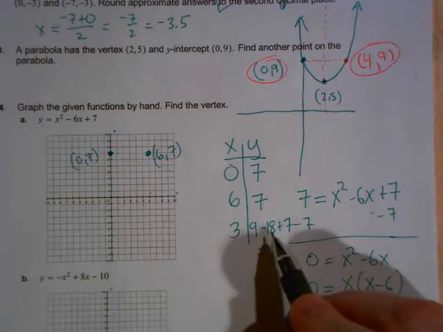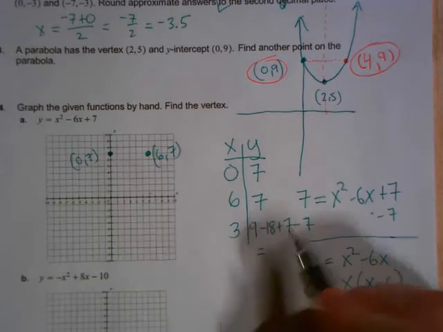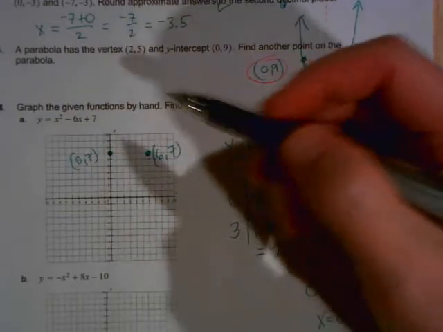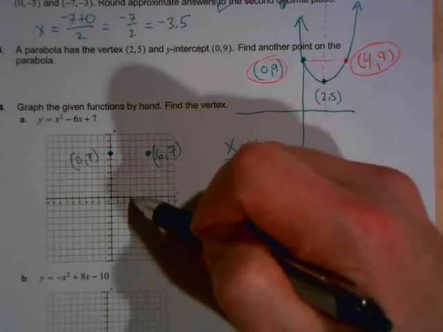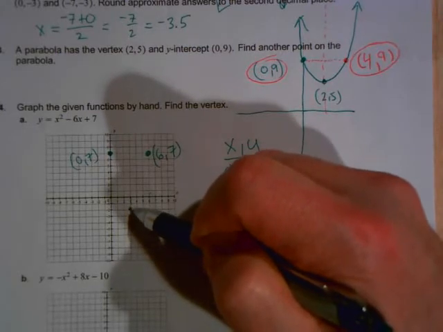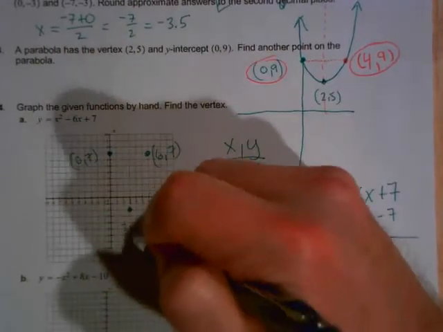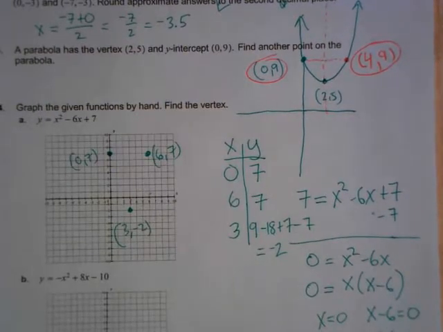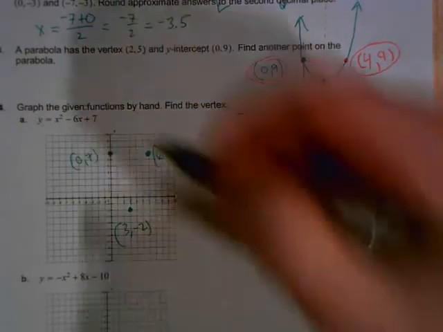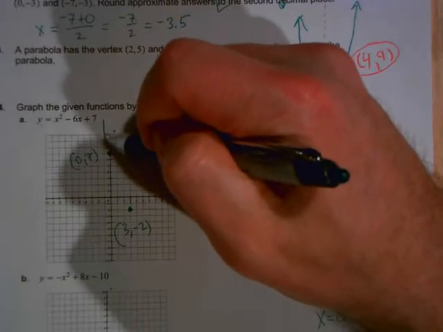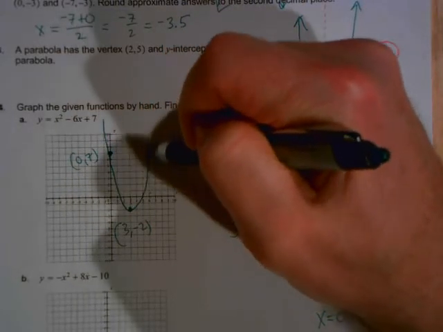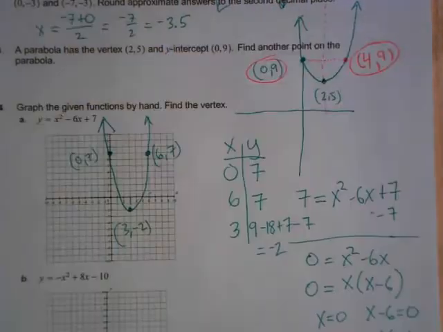Negative 9 plus 7 is negative 2. So my vertex is the point 3, negative 2. Okay. I play a game of connect the dots with a nice smooth curve. And I'm good.